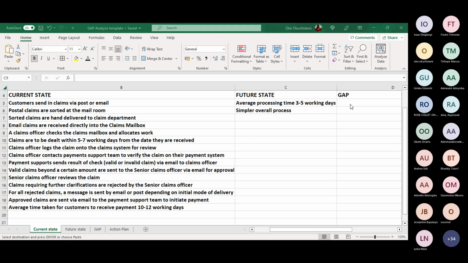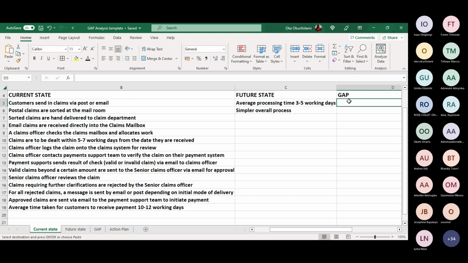Well, if I'm to work on this particular process flow, I will want to see a situation where we reduce the handling part. Instead of the claim officer having to log this on the system, we can create a single system for the customer themselves to select the type of complaint that they have.